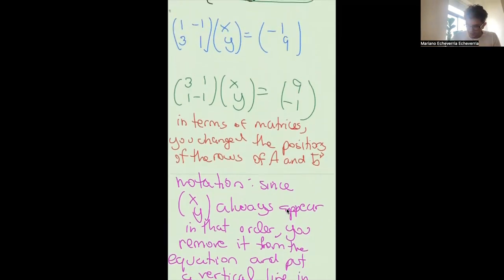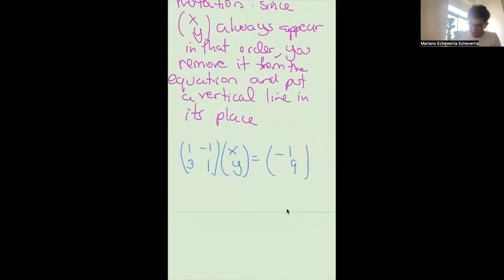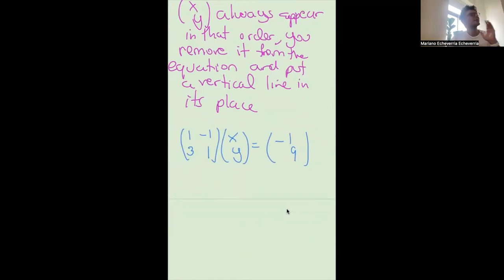So instead of continuing to write x, y, x, y, you will just write 1, -1, 3, 1, and the x y gets replaced with a vertical line, and then you just write -1, 9.